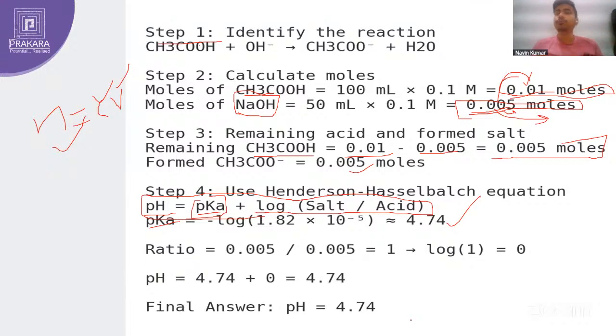Most of the time, the value of the log will be given in your examination, so you don't need to worry about this. If this kind of question appears, they will give you the value of log 1.82 times 10 to the power minus 5.